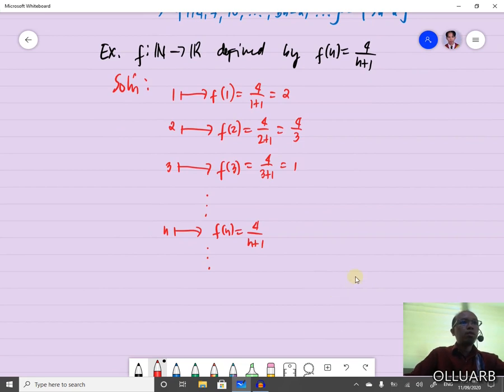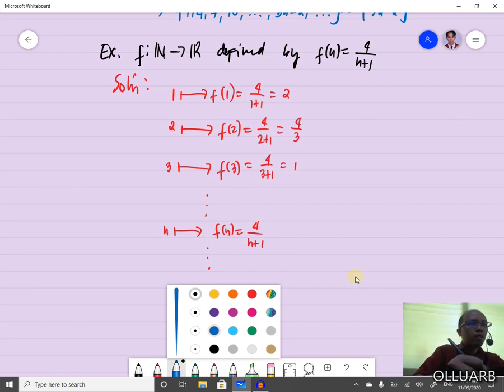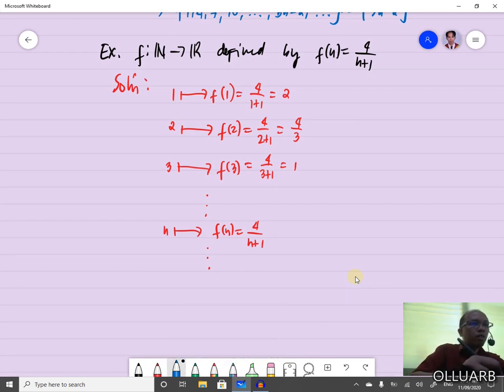So our sequence here is denoted as 2, 4 thirds, 1, and so on and so forth up to 4 over n plus 1.